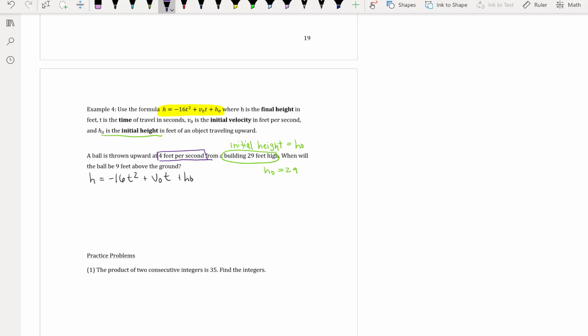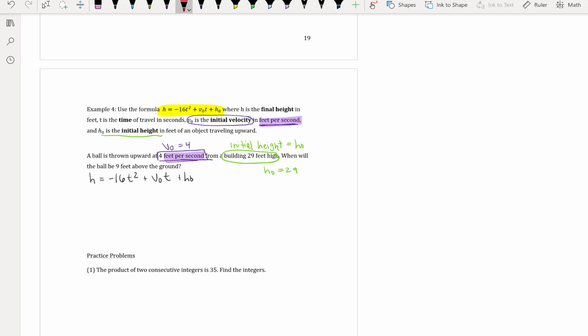Well, I know that I have my feet per second, so if I'm matching my units, that's my initial velocity. So that's going to be my v naught. So v naught is equal to 4 feet per second. So I'm definitely making use of that feet per second.